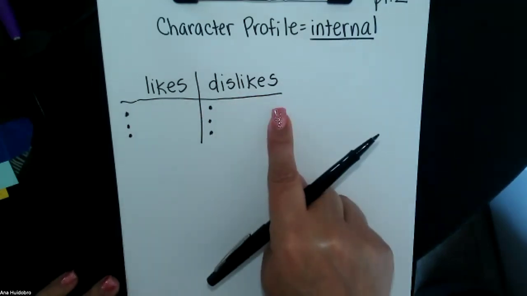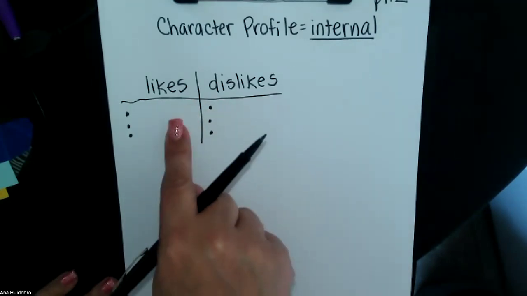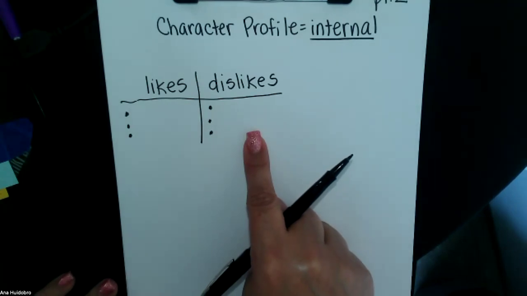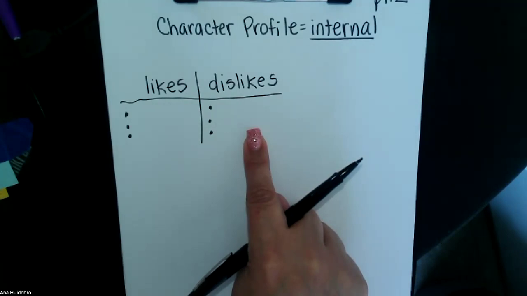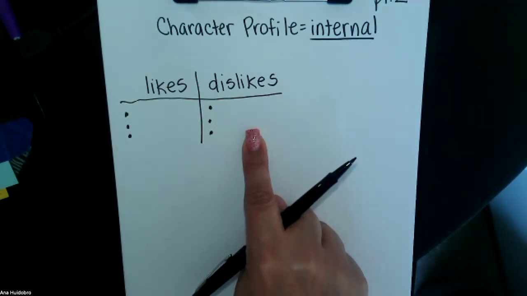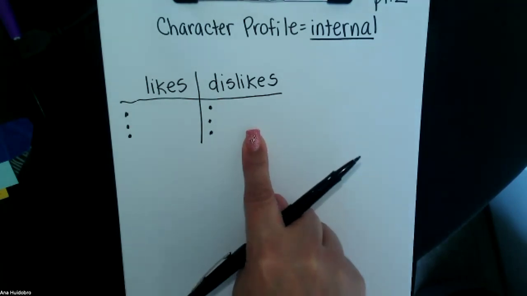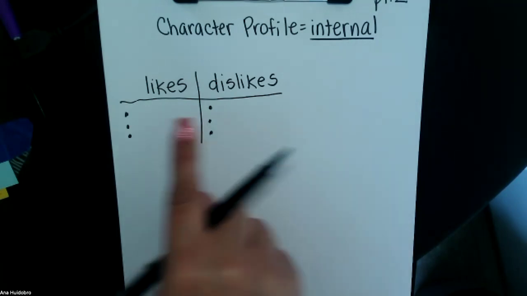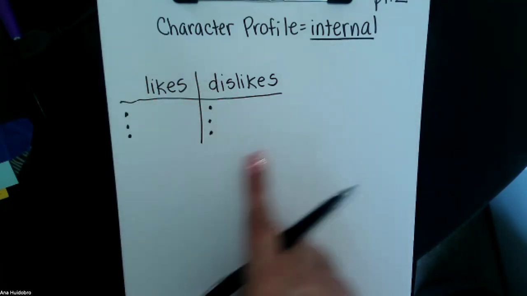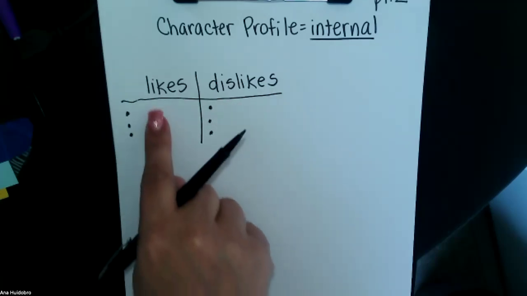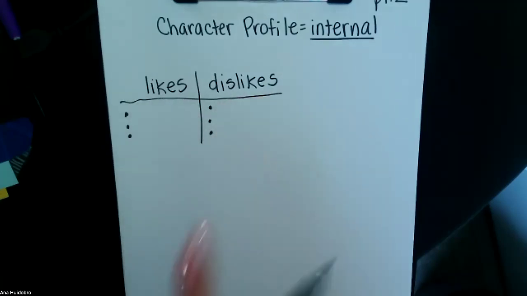You're going to write 3 things that your character likes and 3 things that your character dislikes. After the pause, I'm going to share what I came up with for my character. Remember, my character and your character are not the same, so you should come out with your own original thing. Please write this chart down, and when you're done, write down 3 likes and 3 dislikes of your character.